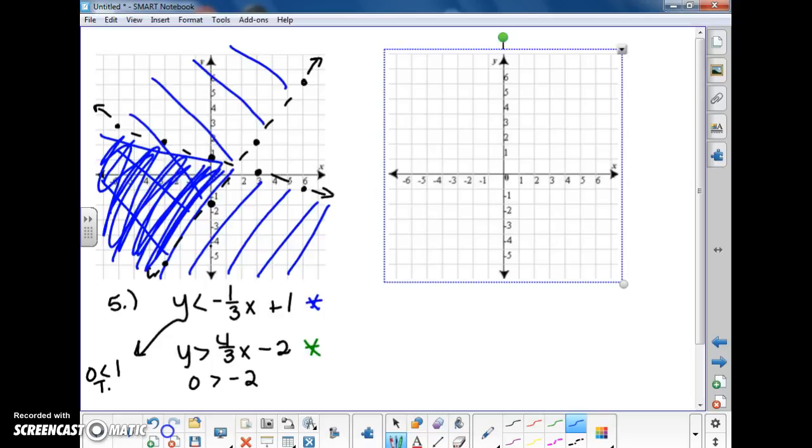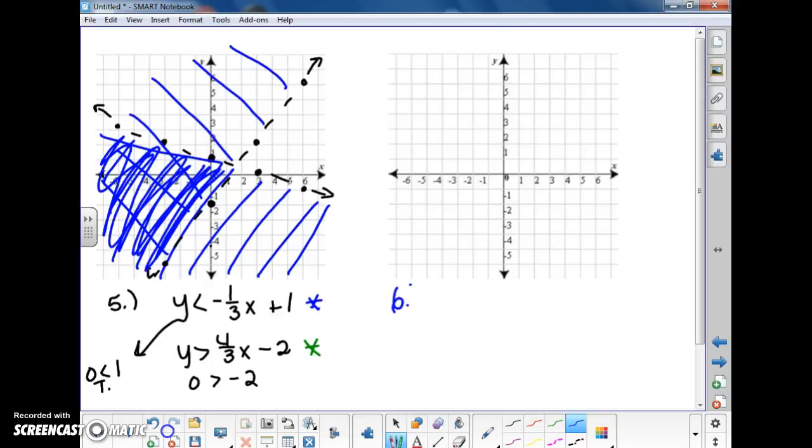Number 6. y is less than or equal to 1/2 x plus 1. y is less than 2x minus 2.